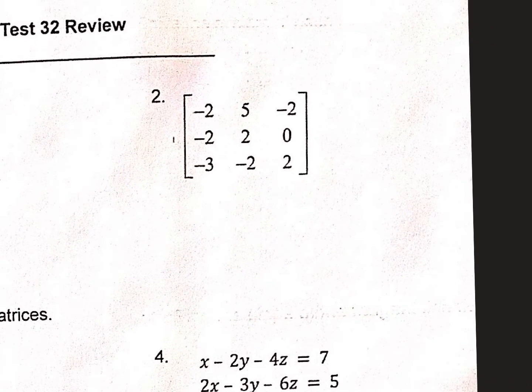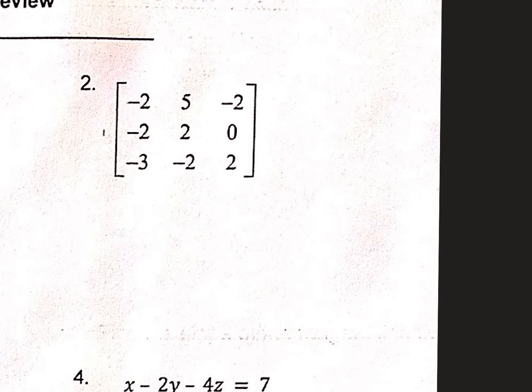Number 2, find the inverse of a 3 by 3. Remember this is the one we did in class, we're gonna do some of it, and then that's good enough. We're just gonna use the calculator to find the inverse. So what you need to do in your calculator is go to second matrix and edit.